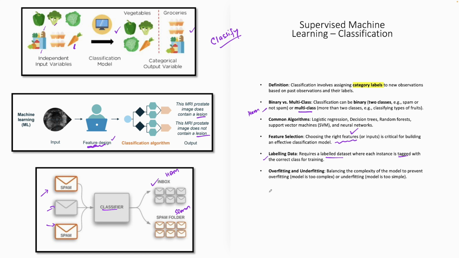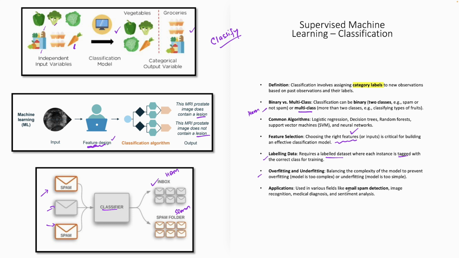So balancing the complexity of the model to prevent overfitting or underfitting is very important. So what it says is that you really need to tweak your model. So this is where testing comes into the picture. So based on this, you need to balance the overfitting and underfitting as well, right? So how the model performs with, say, the testing data should be similar to how it performs with the training data.